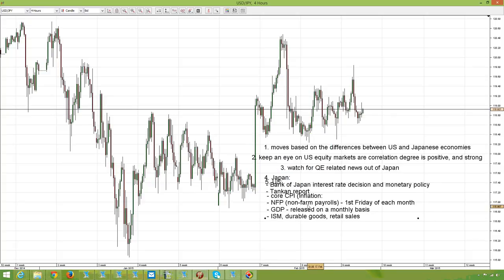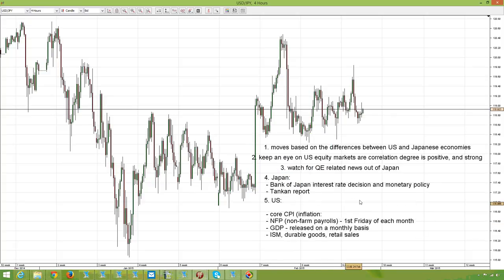Well, these are the things to consider when trading the US dollar Japanese yen. And these are the things from a fundamental point of view, understanding how the currency pair is constructed, and more importantly, keep in mind that this is a major pair and not a cross.